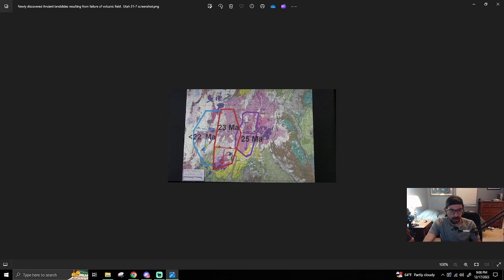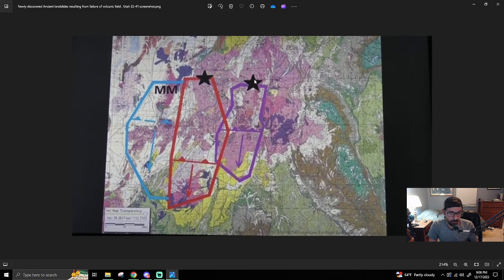But this volcanism, this one here at the top, is 23 million. So this slide occurs 25 million, radiometric dating. 23. So it's after the slide, volcanism.